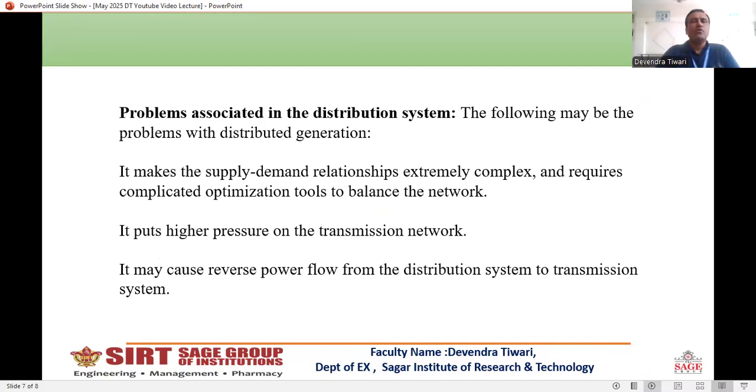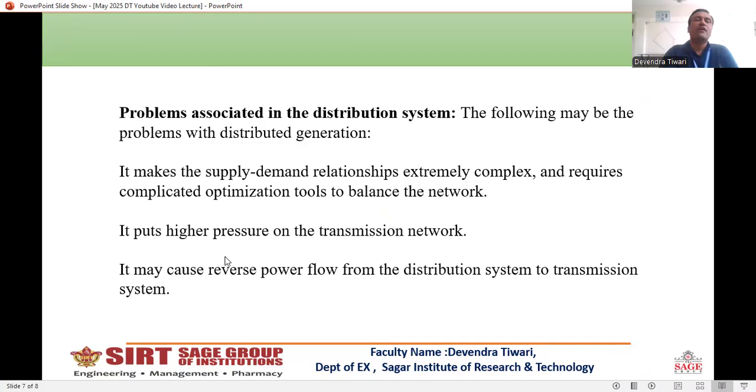Next slide. Problems associated with the distribution system. We should know what problems may be associated with the distribution system. Following are the problems. It makes the supply-demand relationship extremely complex, because nowadays both sides involve consumer participation, which is a very good point, but to find out the supply-demand relationship we have to do some hard work and use complicated optimization tools to balance the network.